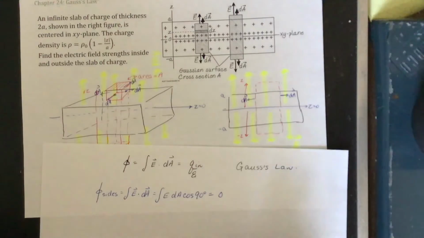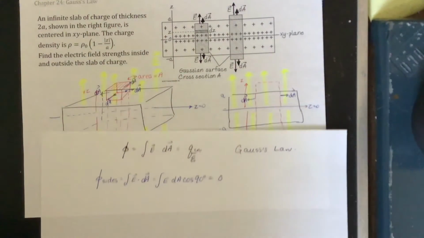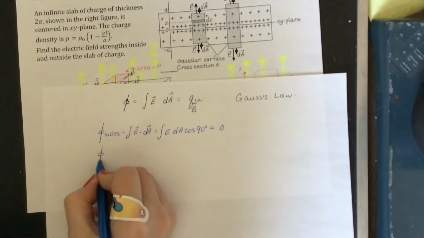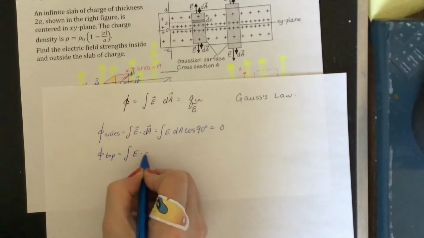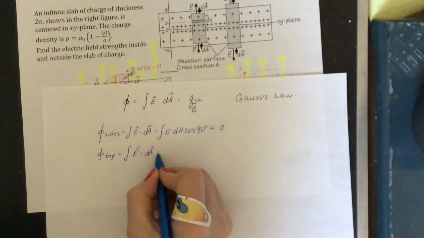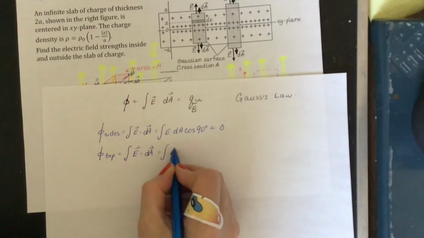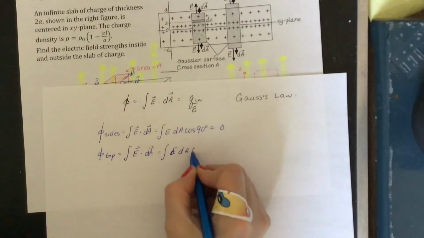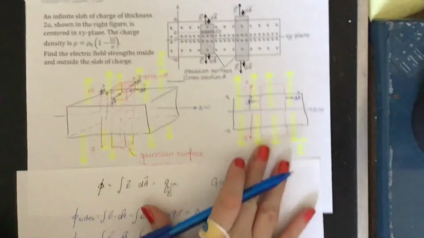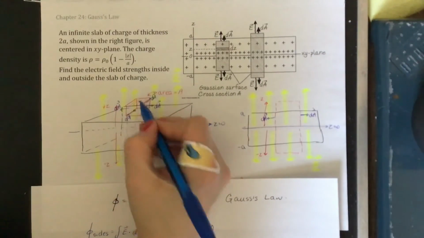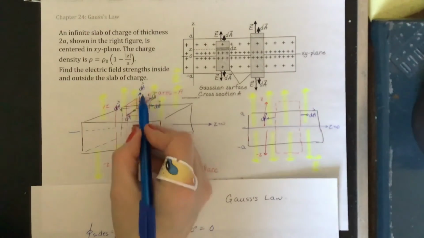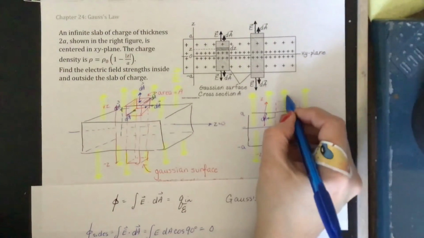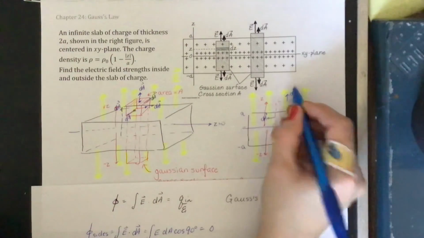So let's do the net electric flux through the top face next. That equals the integral of E dot dA, which is the integral of E times dA times the cosine of the angle between those two. On the top face, a little area element points out of the top face straight up. Those two are parallel, so the angle between them is 0.